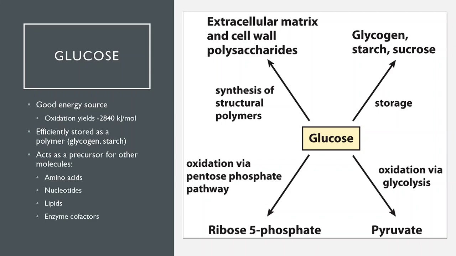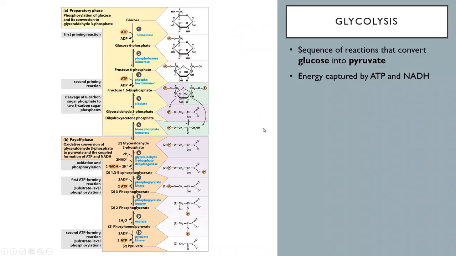So these reactions of glycolysis occur in pretty much every cellular organism in some form or another. The individual enzymes might behave a little bit differently. Some of the steps might be extra steps or fewer steps in some cases, but it's a pretty common pathway across most living things.